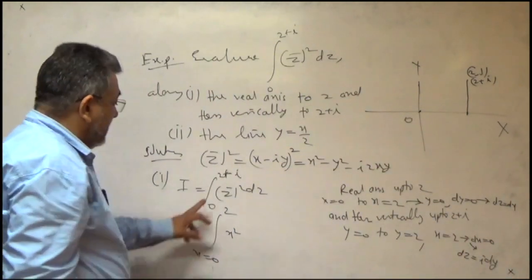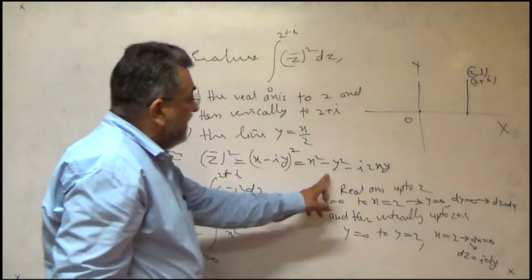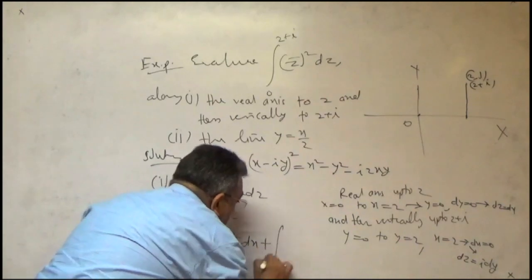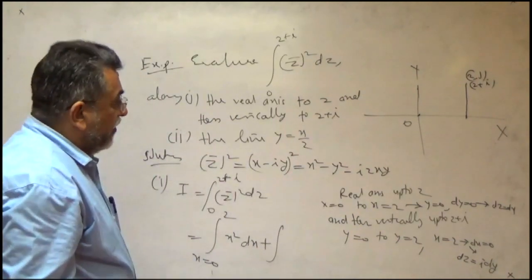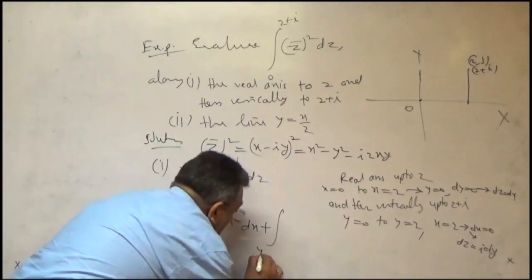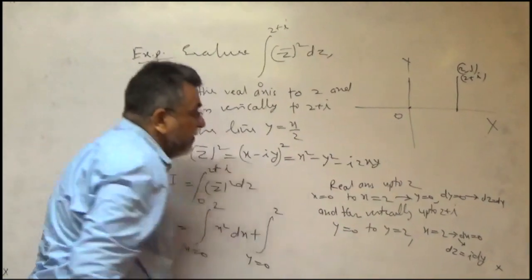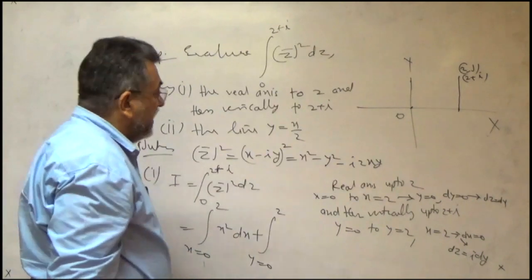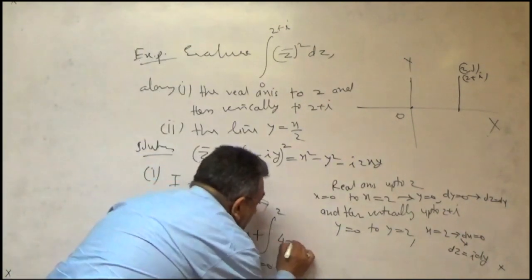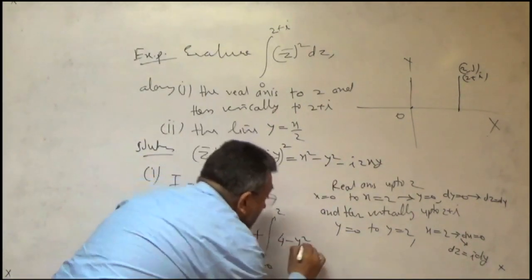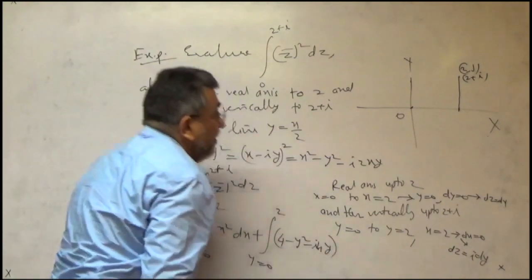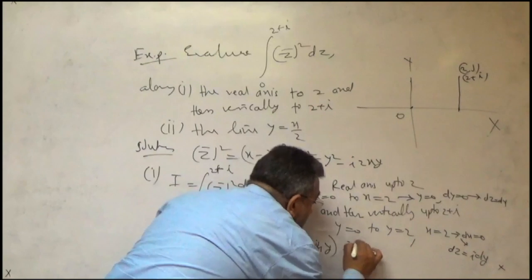So in the first case z bar square is only x square because y is 0, and dz equals dx. Then vertically, along the line x equal to 2 from y equal to 0 to 2, z bar square is 4 minus y square minus 4y i, and dz is i times dy.